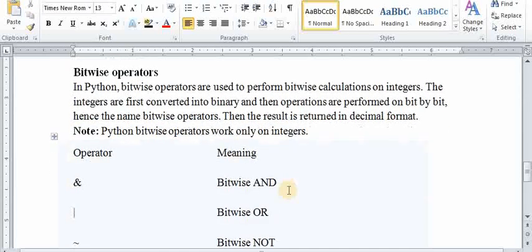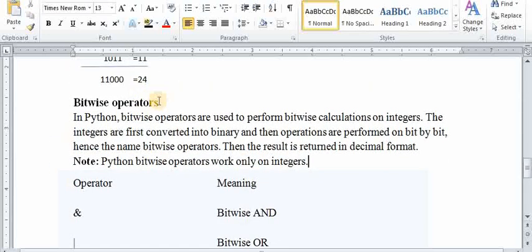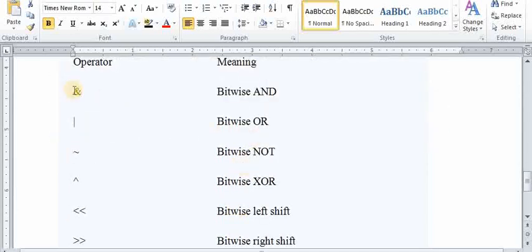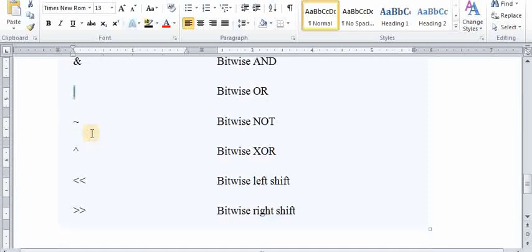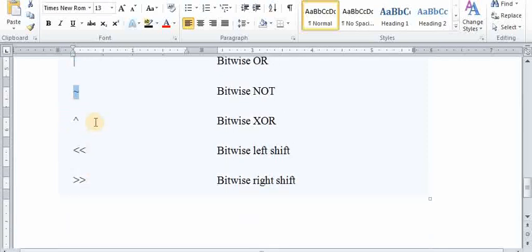Now, how many types of bitwise operators are there? There are 6 types of bitwise operators: bitwise AND operator, bitwise OR operator, bitwise NOT or complement operator, bitwise XOR, bitwise left shift operator, and bitwise right shift operator.